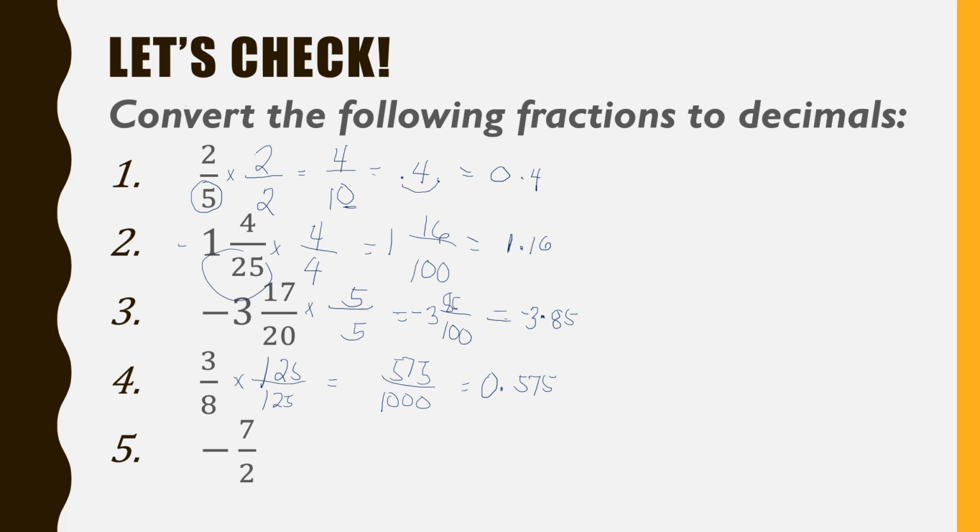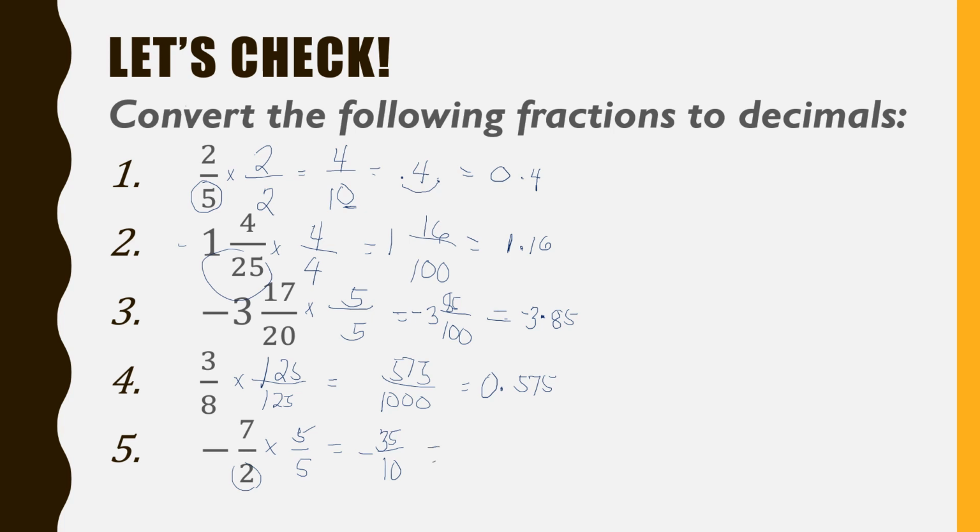Number 5, we have negative 7 over 2. So again, we have 2. We can make it a power of 10 by multiplying by 5. So 2 times 5 is equal to 10. We will also multiply 5 by the numerator. So 7 times 5 is 35. Don't forget the negative sign.